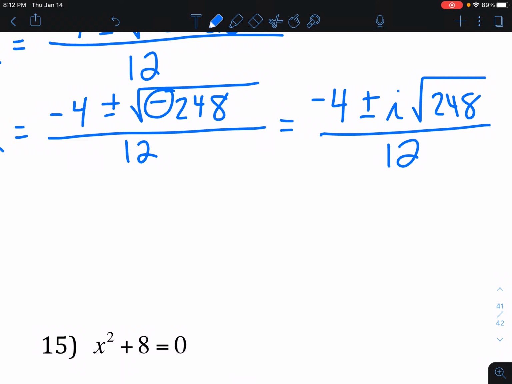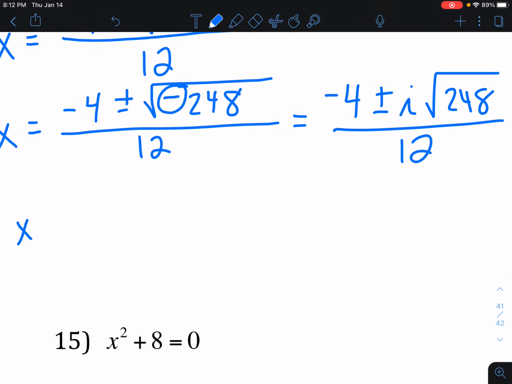Now I got to worry about trying to reduce or simplify this radical. So I'm getting out a calculator and I'm going, okay, can I divide 248 by my perfect squares? I'm trying 64. No, I get a decimal. Now I'm going to try dividing by 36.